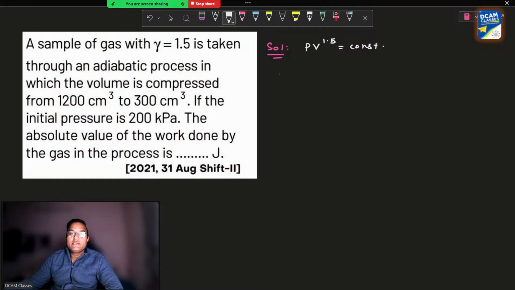The initial pressure P1 was 200 kilopascal, or I'll write 200 times 10 power 3 Pascal. Initial volume was 1200 centimeter cube. Now we want P2, where V2 is 300 centimeter cube.